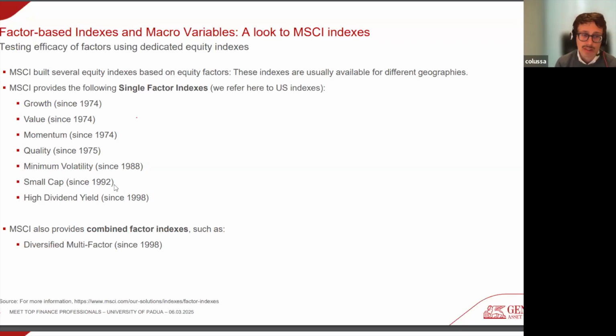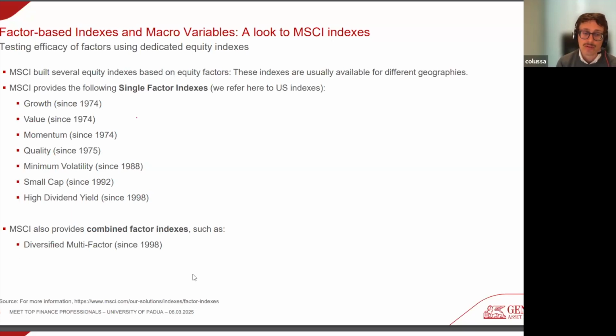We added small caps, and besides that, high dividend yield, which is basically the stocks that tend to pay a lot of dividends given their price, etc. What MSCI did at some point was also to build a multi-factor model.